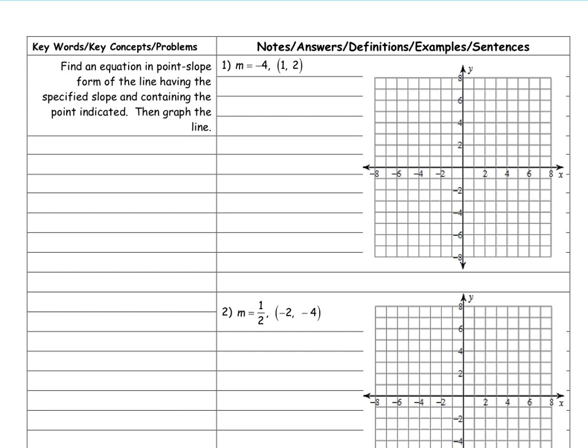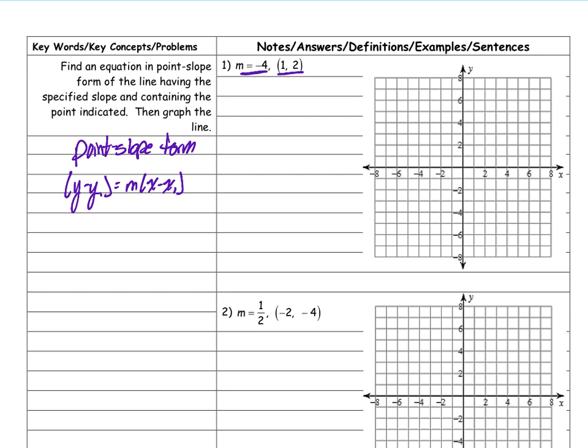I'm going to use point slope form because they've given me slope and they've given me a point. Which says y minus y1 equals m times x minus x1.